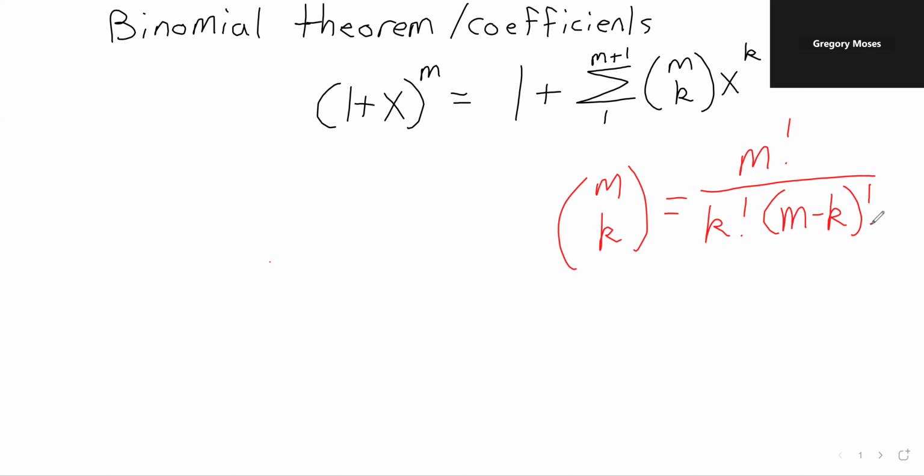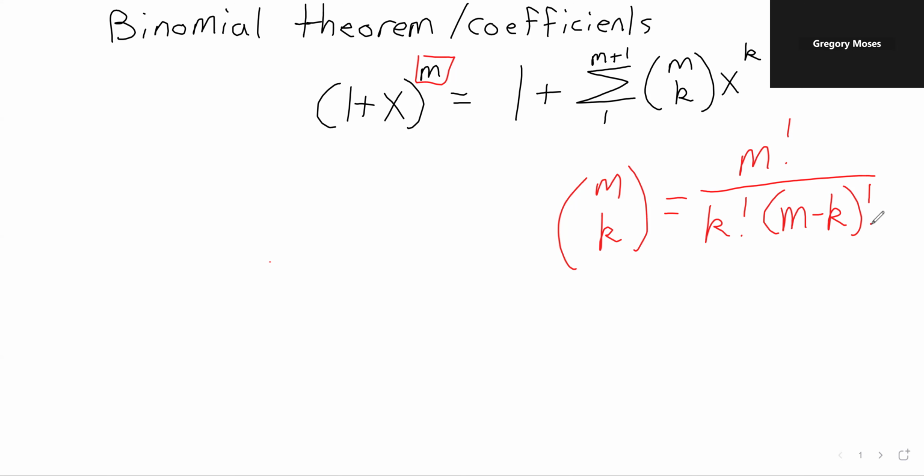And the binomial theorem, as it's presented here, requires m to be a positive integer.